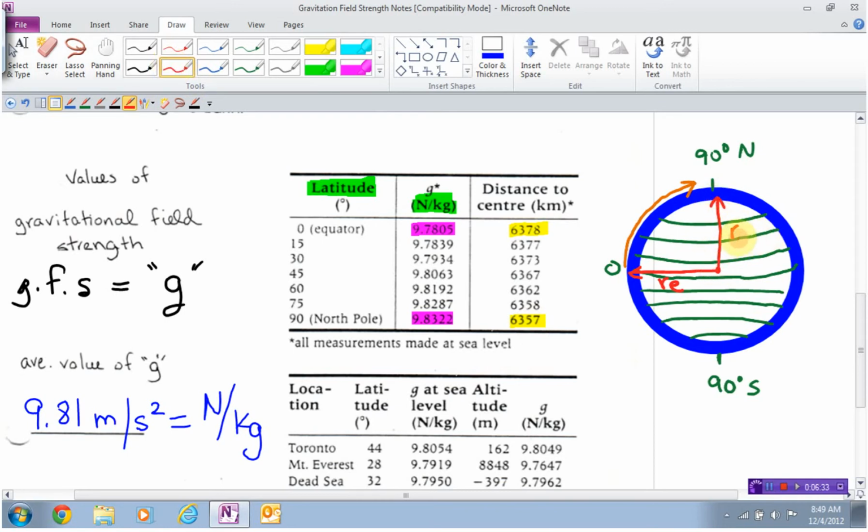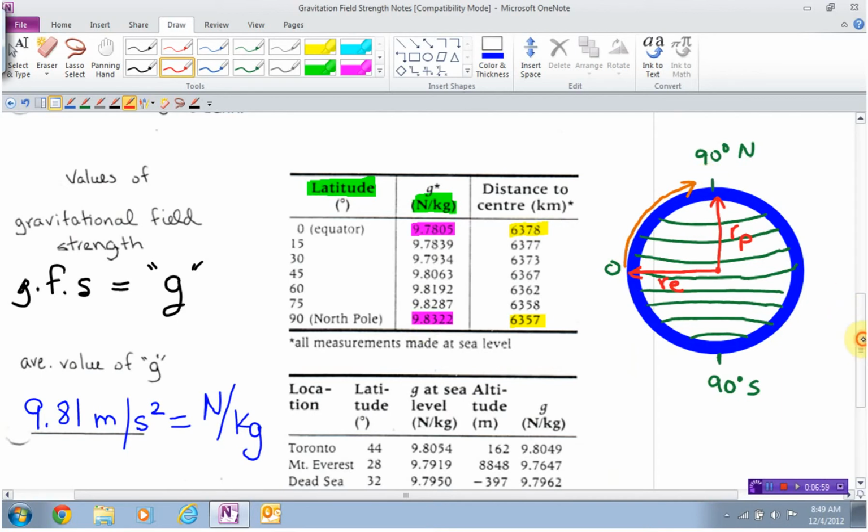So the distance to the equator is greater than the distance to the North Pole, which means, of course, that you're further away at the equator than you are at the North Pole. The further away you are, the weaker the acceleration of gravity, hence 9.78 at the equator, 9.832 at the pole. Therefore, you will weigh more at the North Pole than you will weigh at the equator.